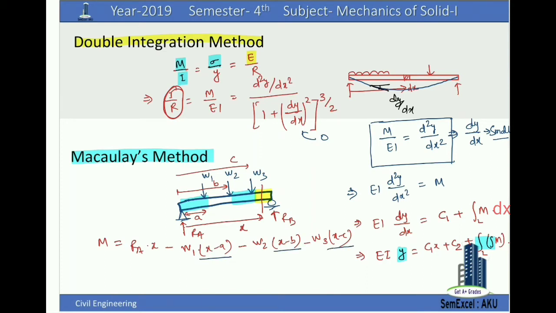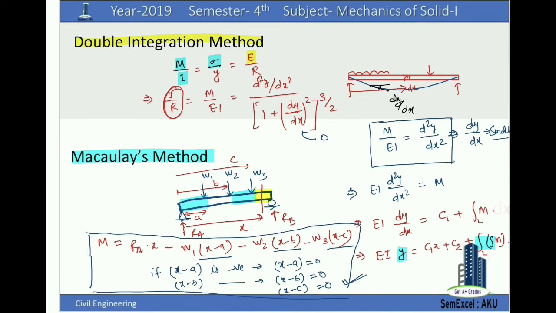Like if X minus A is negative, then X minus A is equal to 0. Similarly, if X minus B is negative, then we replace X minus B is equal to 0. Similarly, X minus C is equal to 0. This way we will get the moment equation.